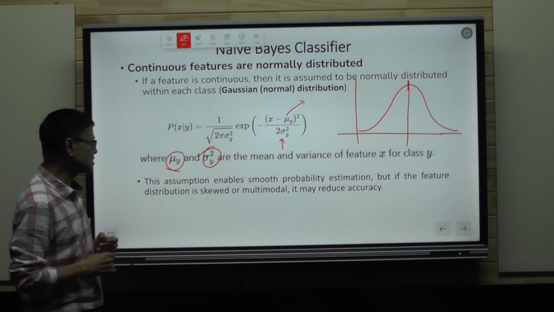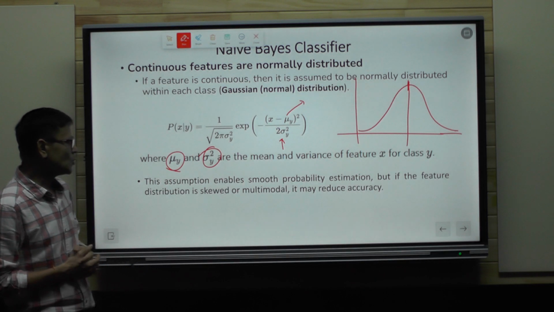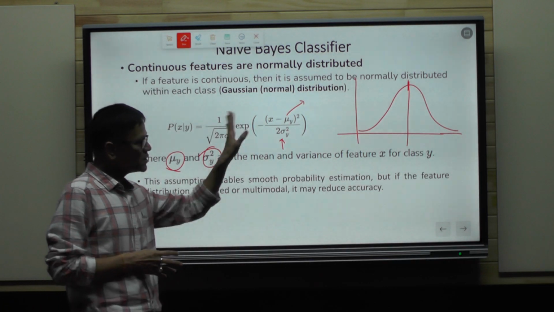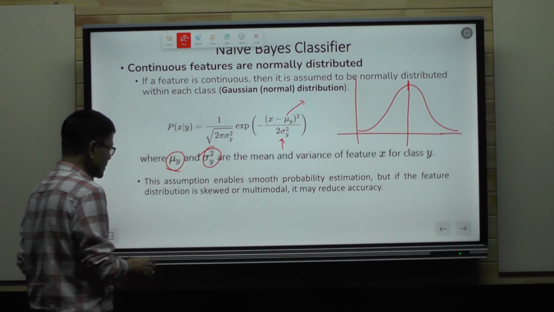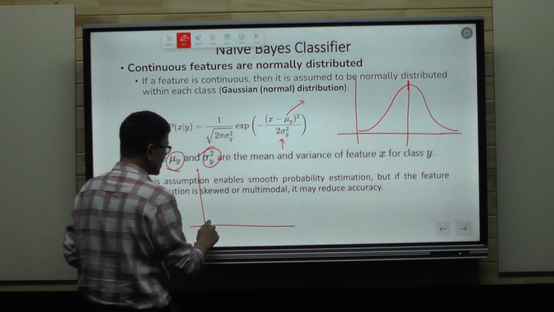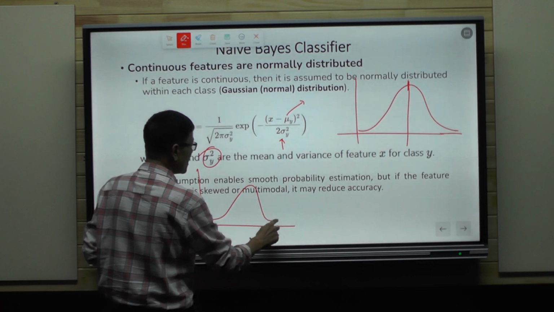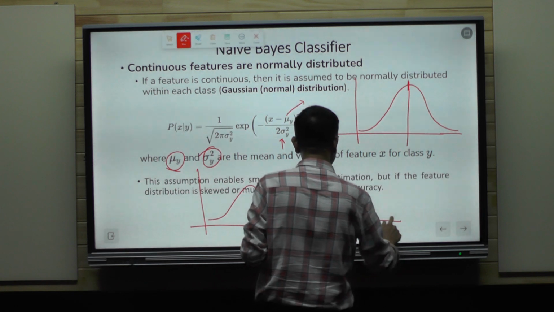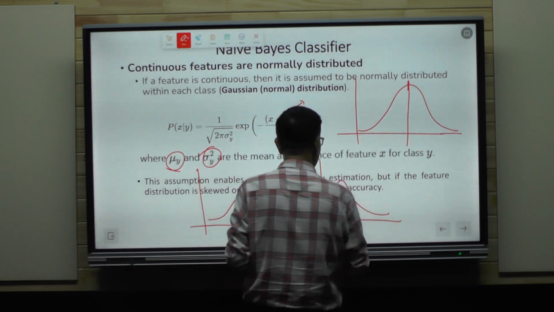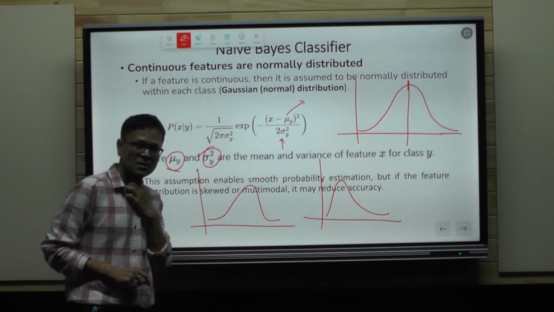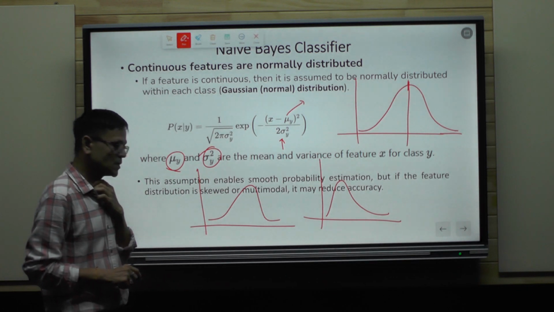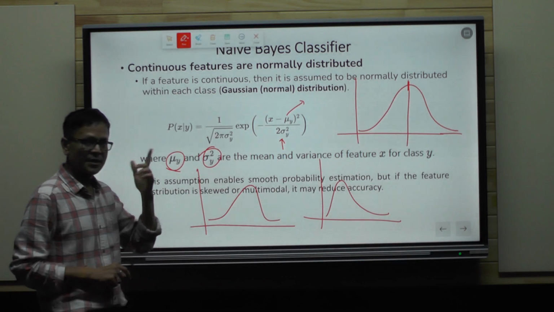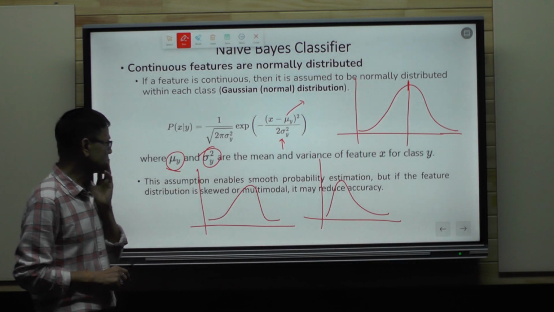But if the distribution is skewed or multimodal, it may reduce the accuracy. How can this graph be skewed? For example, this is a left skewed and a right skewed distribution.